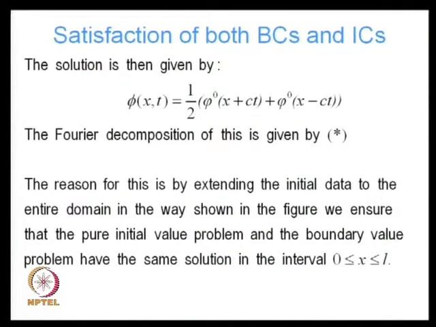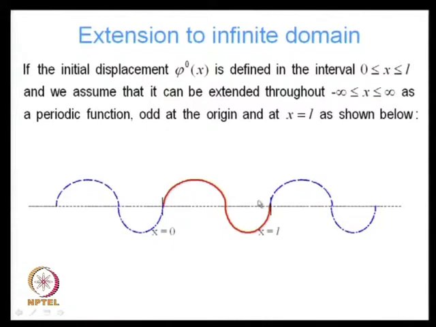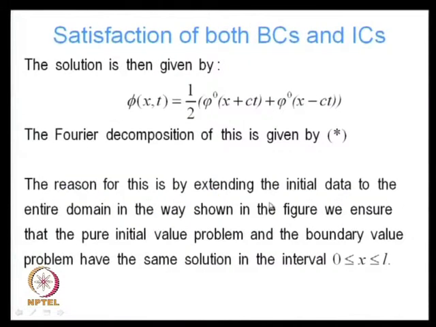The reason for this is that by extending the initial data to the entire domain in the way we showed here, in a periodic fashion, we ensure that the pure initial value problem and the boundary value problem have the same solution in the interval 0 to L. So, I am extending my initial condition, but I am doing it in such a way that the boundary conditions are also satisfied.